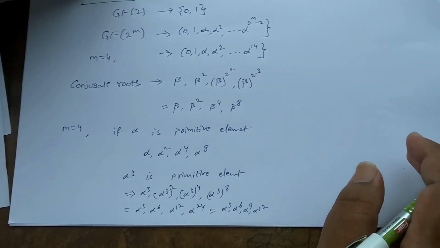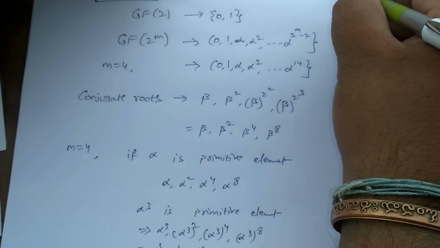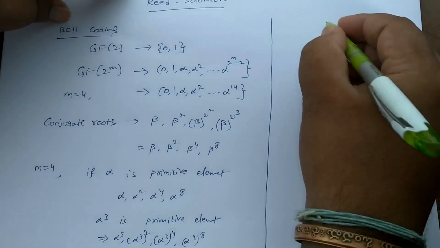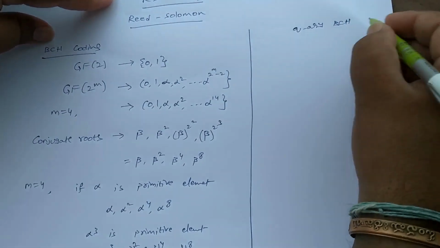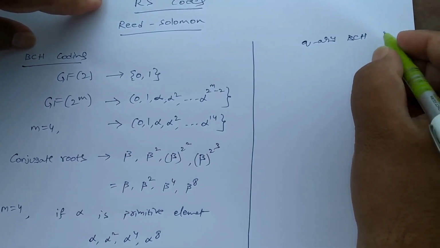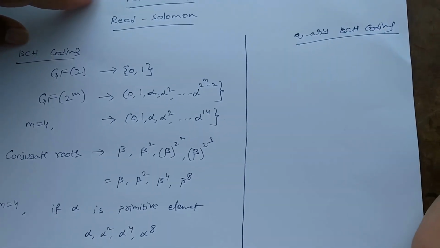Now once we have the idea about BCH coding with base 2, the extension for this is Q-ary BCH coding, or Q number BCH coding.